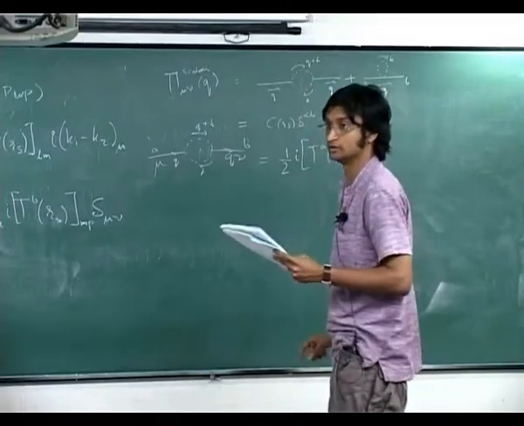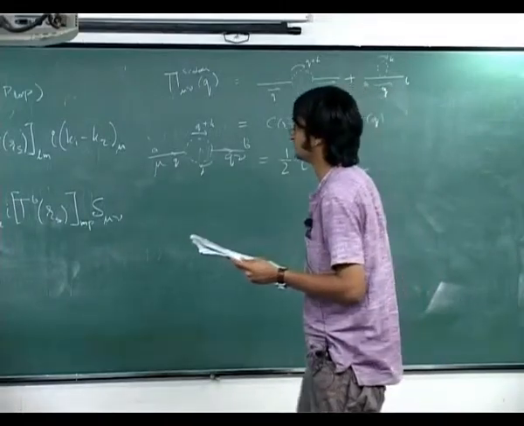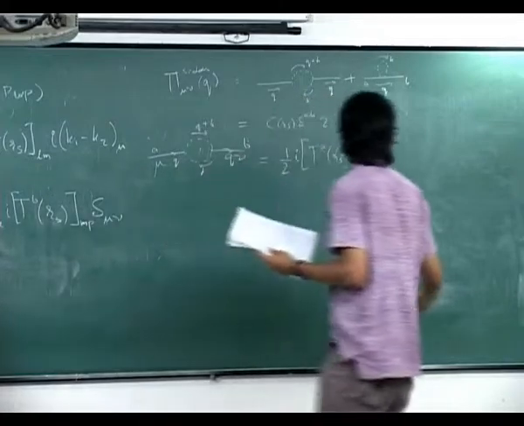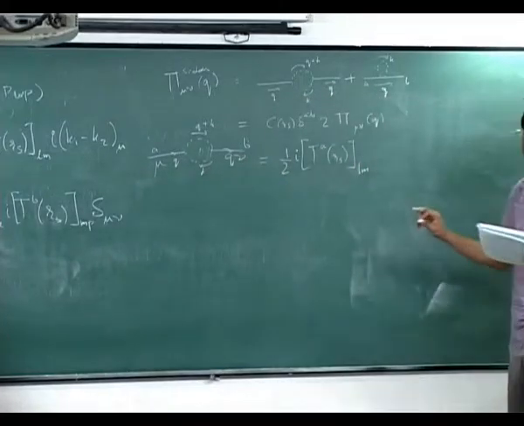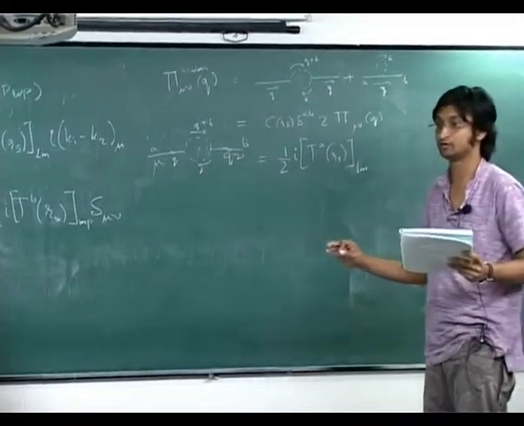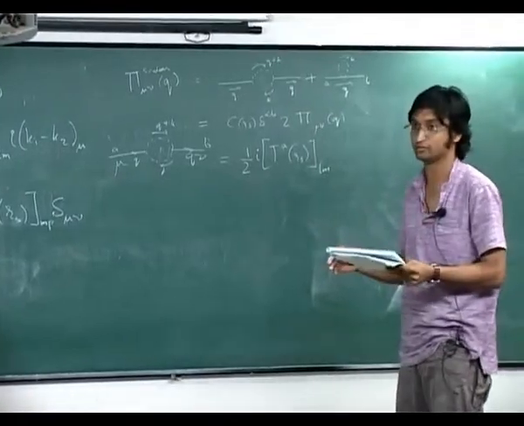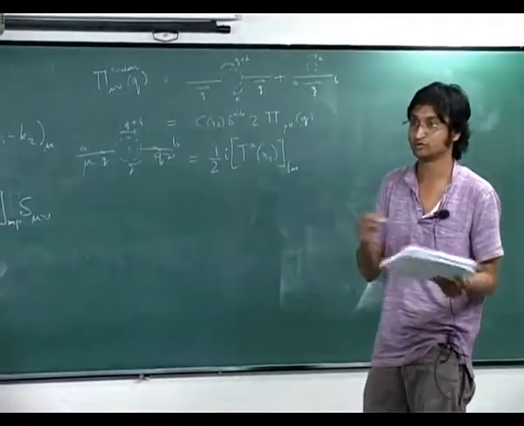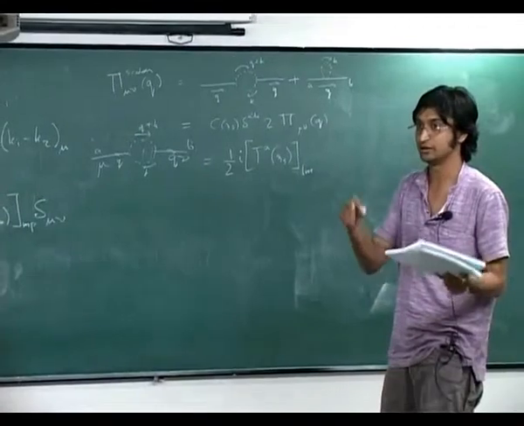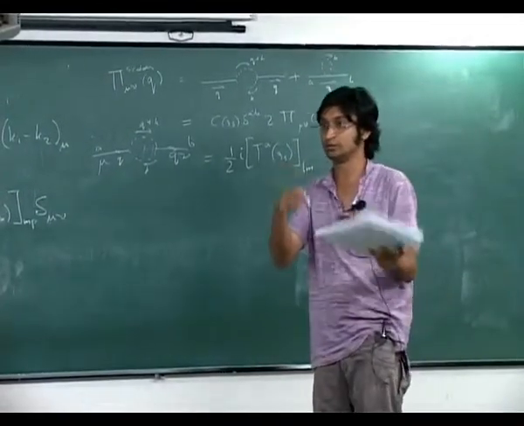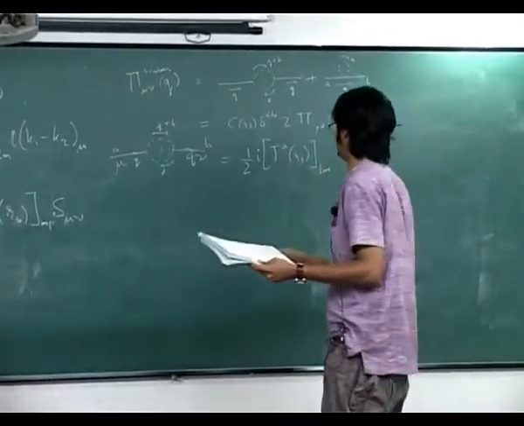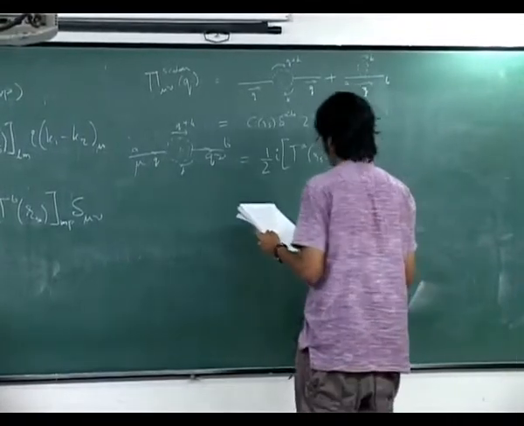So this factor of half comes because when we expand the action in the exponent, we keep the second order term, and the second order term always comes with a factor of half. It's like e to the x is equal to 1 plus x plus x squared by 2.